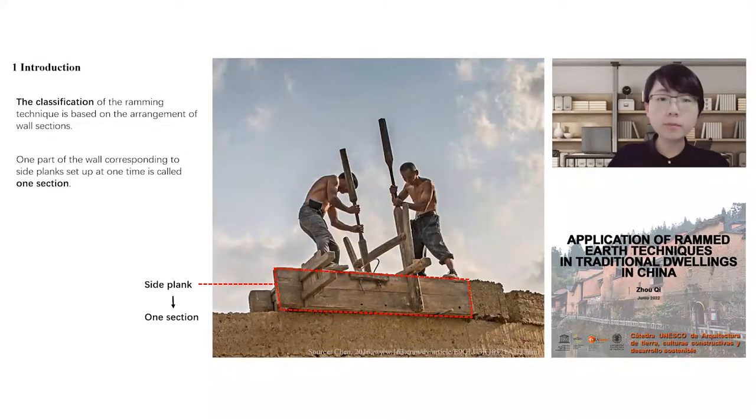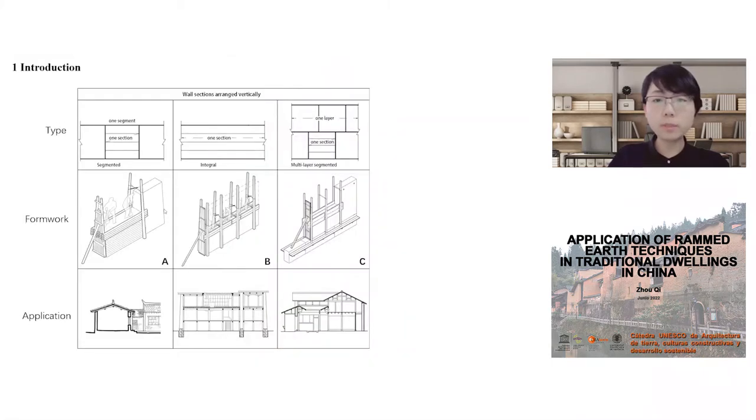Firstly, I classify the rammed earth technique based on the arrangement of wall sections. The walls are often divided into multiple units when they are built. One unit of the wall, corresponding to a side block of the formwork, is called one section. In general, sections are arranged in two ways, vertically and horizontally.